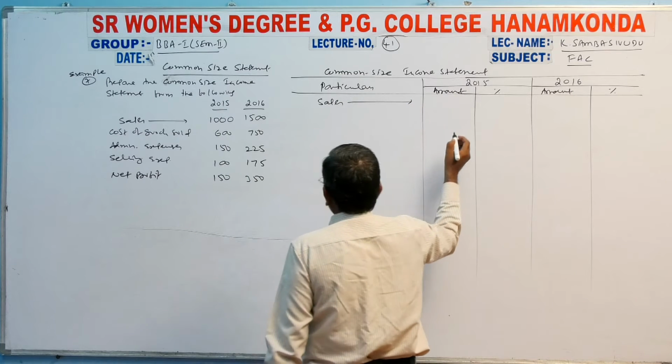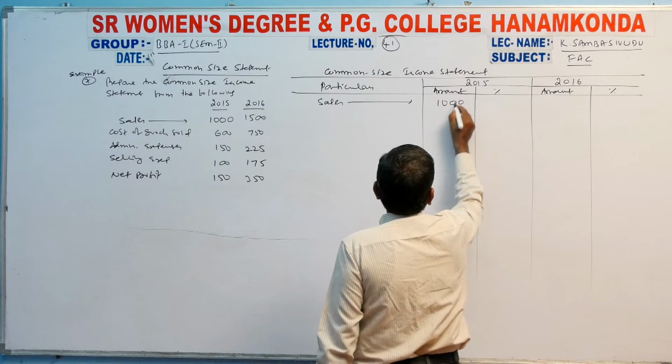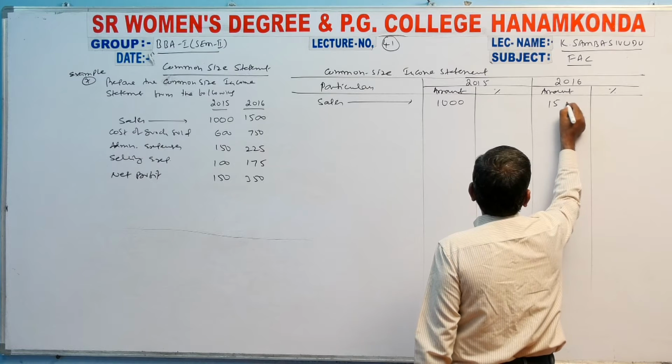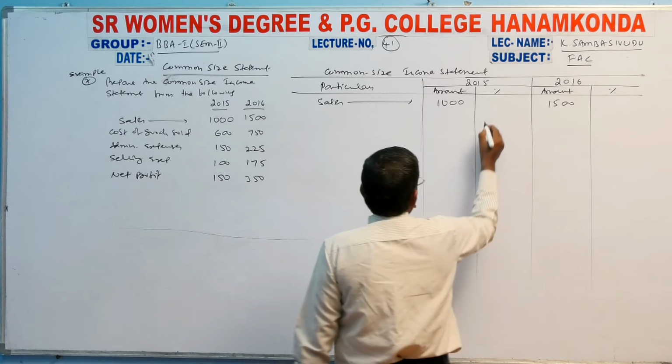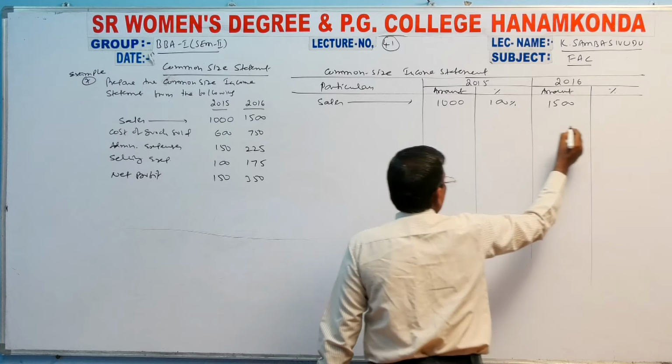Sales 1000, 1500. Okay, so this is 100%.